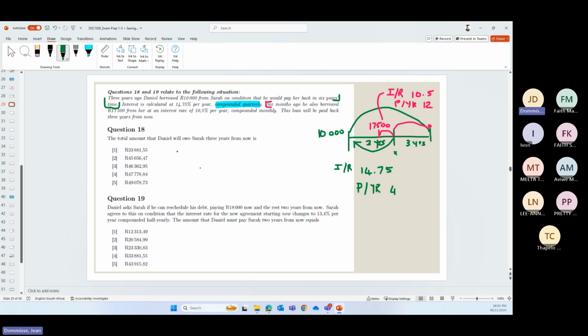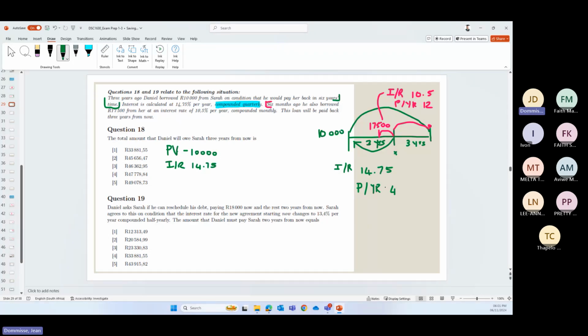So we've got a present value of 10,000. That we know is being done at an interest rate of 14.75.